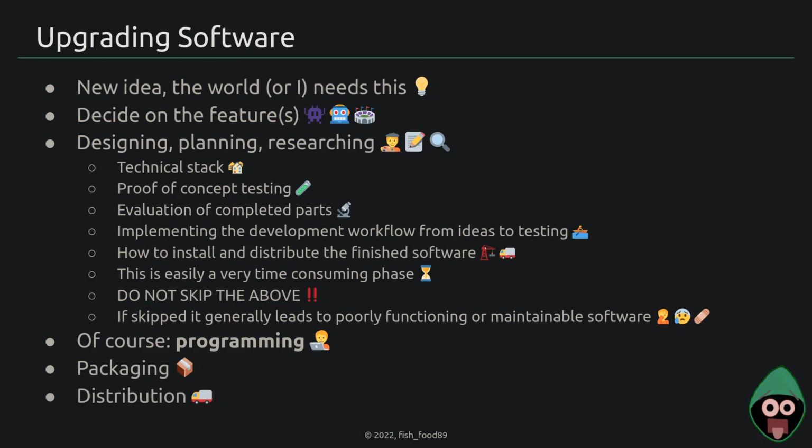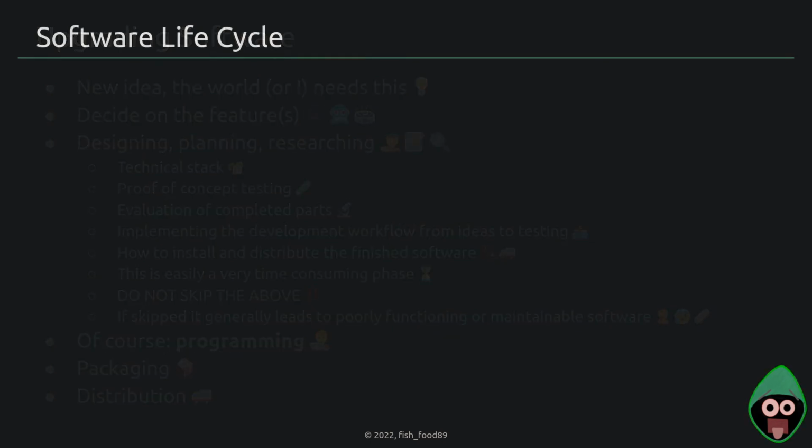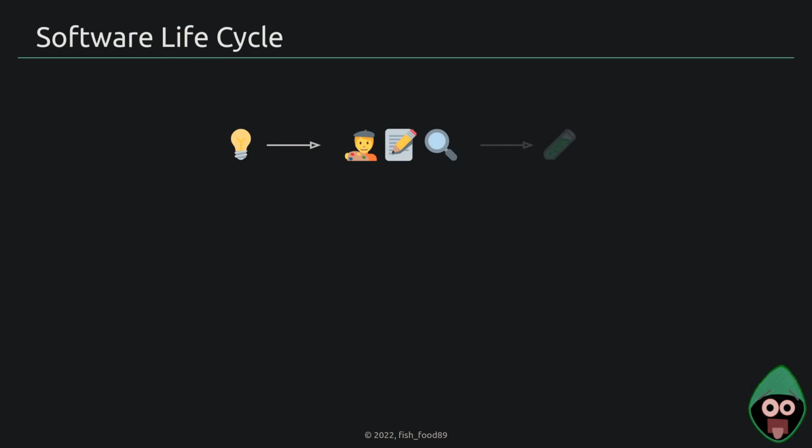Now, coming towards the end, I know there has been quite a lot to consume so far, but I still want to leave an image of what a software lifecycle looks like. So what you first have is the idea, then you go on to designing, you have some proof of concept testing, actual programming, and then building of the software, getting it ready for packaging.